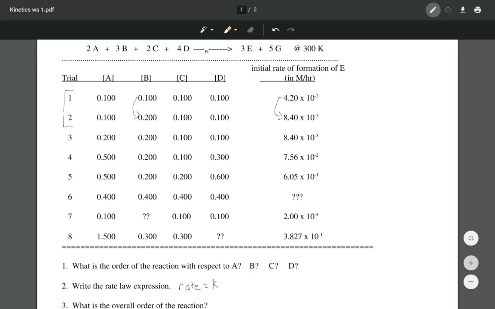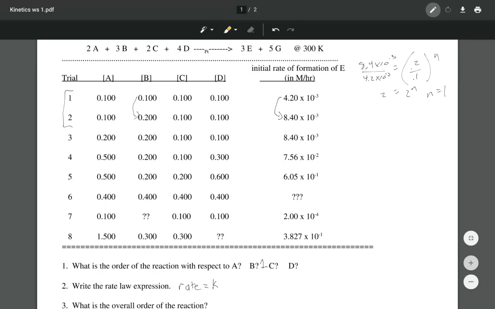So if you double B and you double the rate, that means that whatever you did to the concentration, you did to the rate. That is first order. If you prefer to use the formulas, we could do 8.4 times 10 to the negative third divided by 4.2 times 10 to the negative third equals 0.2 over 0.1 to the n. 2 equals 2 to the n equals 1.